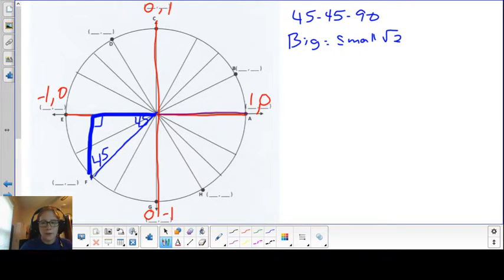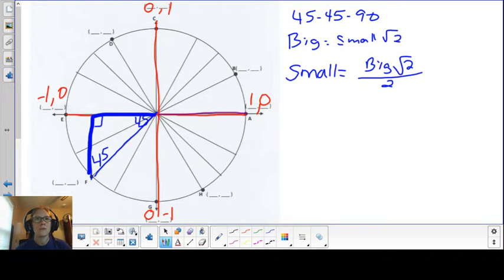If we're looking for the small, we're going to take the big, and we're going to multiply by the square root of 2 divided by 2. You're probably saying, well, whoa, I don't have any numbers on here. How do I know what anything is? Well, we do know something.